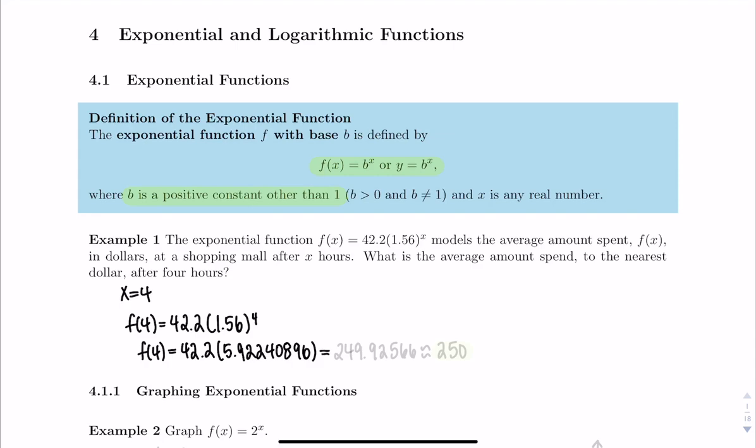Now we just want to go ahead and multiply this by 42.2. And so we end up with 249.92566. And we're going to round to the nearest dollar. So this is about 250.